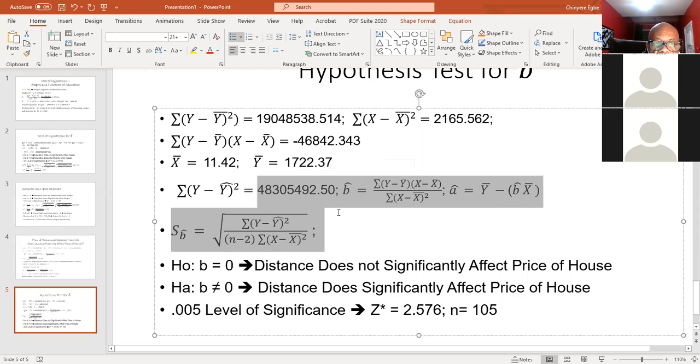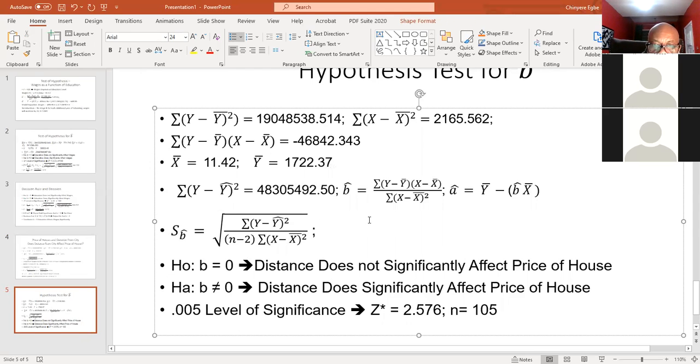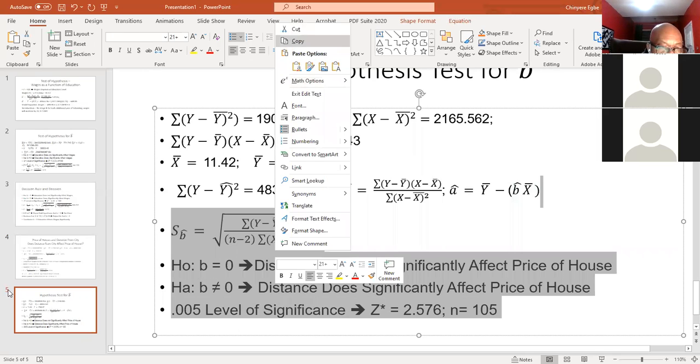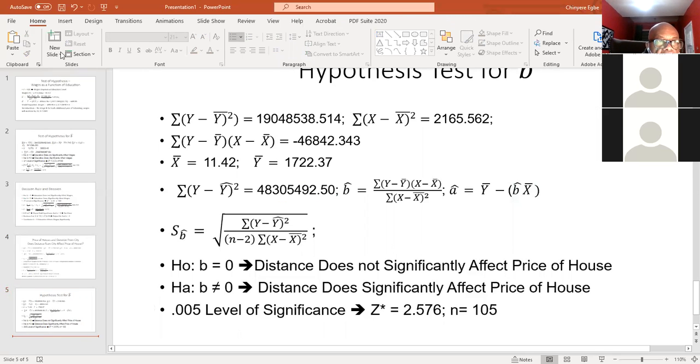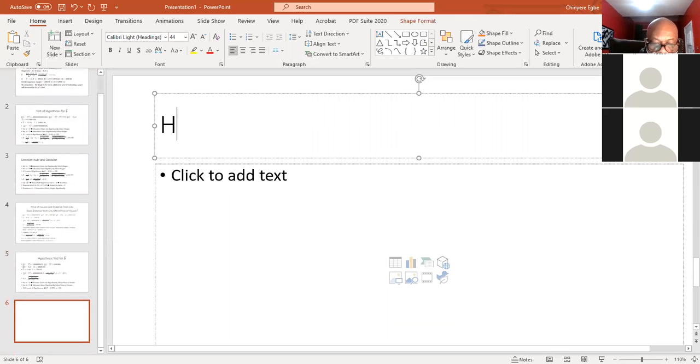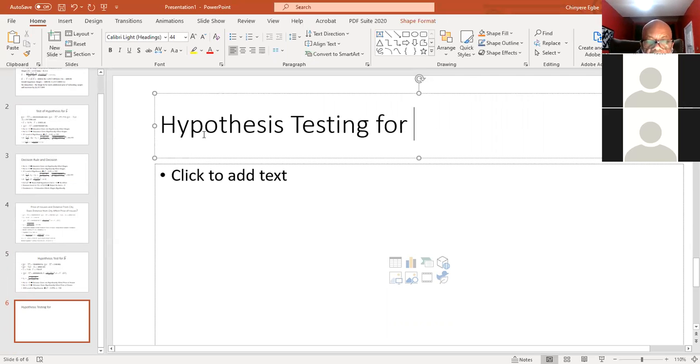And for Z, I'm going to use only part of this, for B hat, which is the slope.